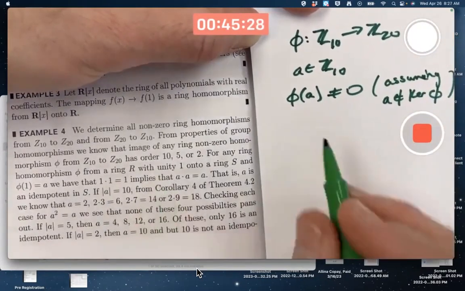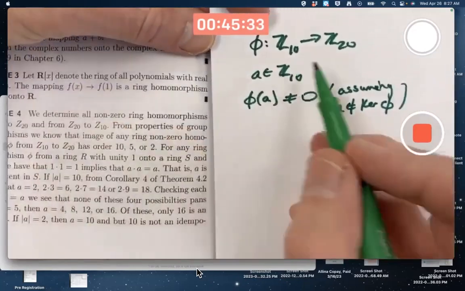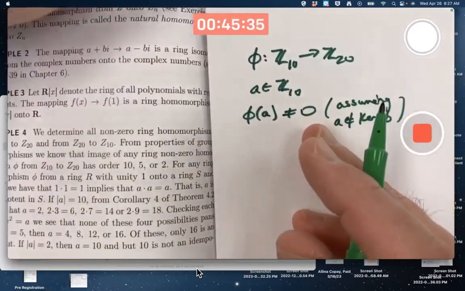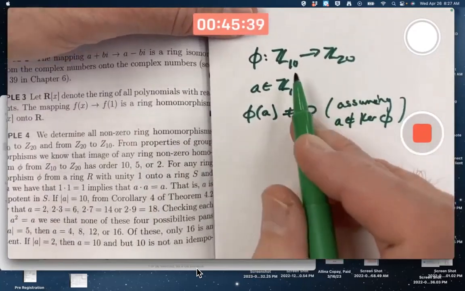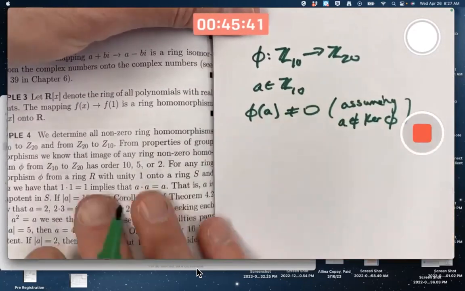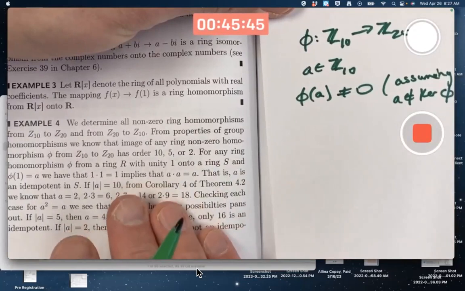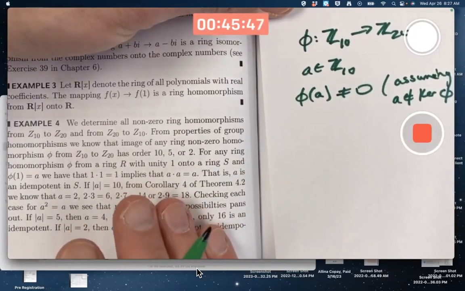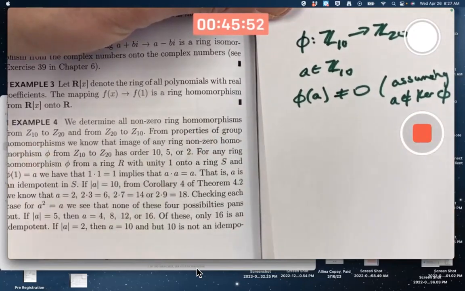Claim is as a group element. Again, Z10 and Z20 are groups under addition, mod 10 and 20. They're also rings under multiplication, mod 10 and 20. So far, in this sentence, the author is emphasizing the group structure, because we are talking about the group properties. From properties of group homomorphisms, ring homomorphisms are group homomorphisms.